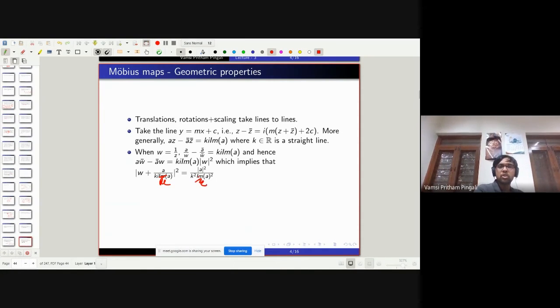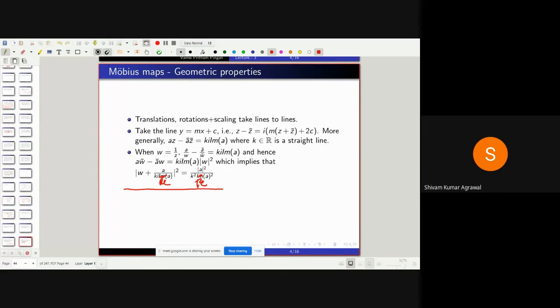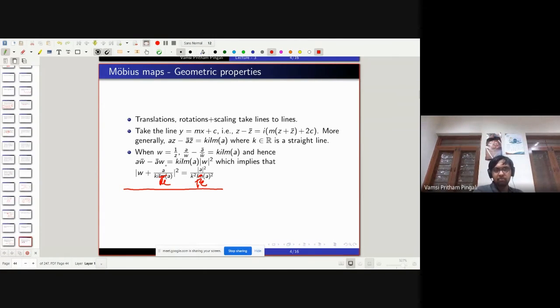Now, what sort of a geometric object does this equation represent? Circle. Yeah, that's a circle, right? It's centered at minus of this point with this radius, which is a circle. So now we need to see what happens to circles under these maps.